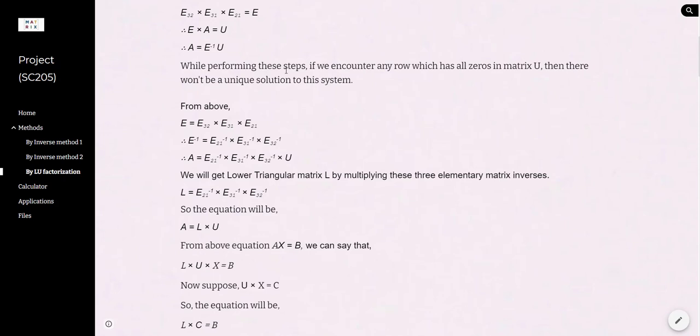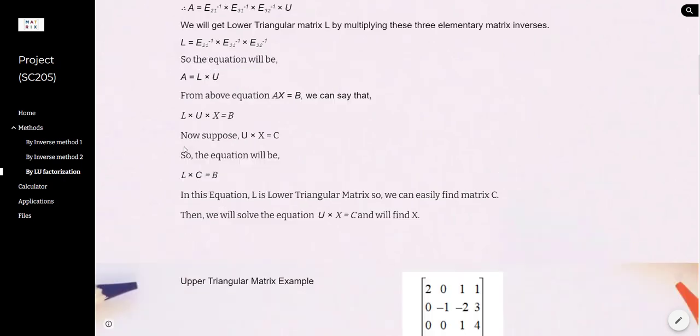While performing these steps, if we encounter any row which has all zeros in matrix U, then there won't be a unique solution to this system. We will get lower triangular matrix L by multiplying these three elementary matrix inverses. So the equation will be A = LU.